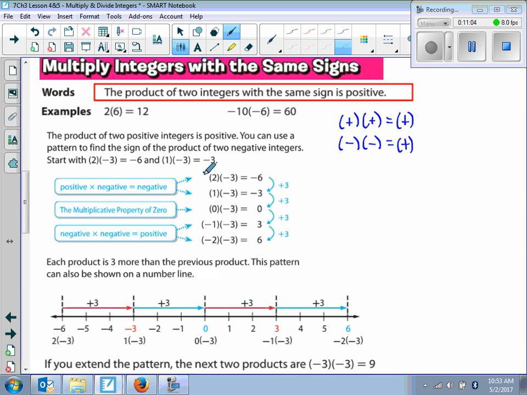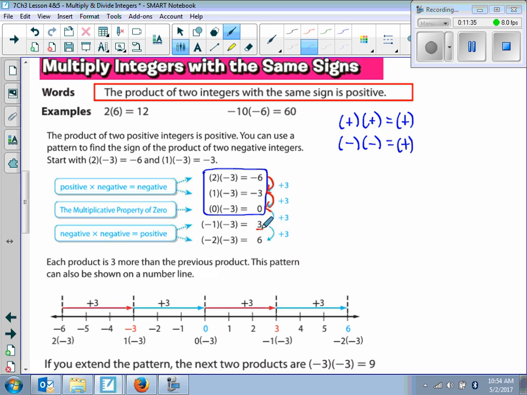So these we know are true already, right? So look at what happens from negative 6 to negative 3. How do I get from negative 6 to negative 3? We add 3. How do I get from negative 3 to 0? You add 3. So if I continue adding 3 down through my pattern, then 0 plus 3 is positive 3.